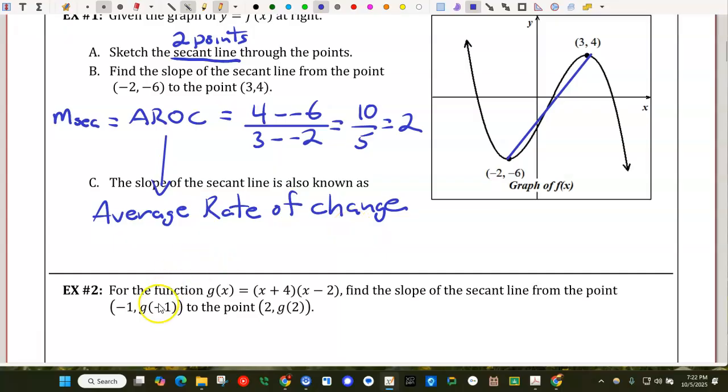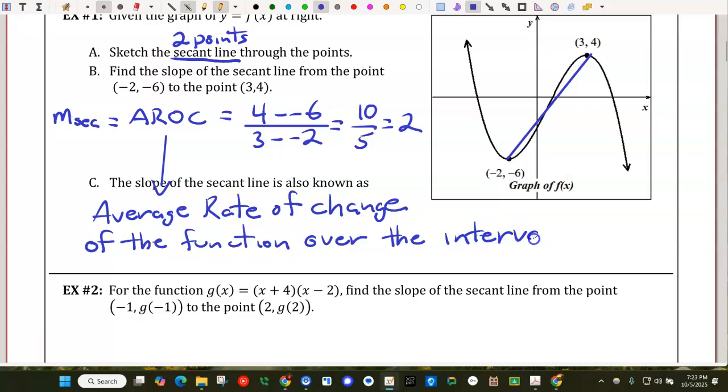Well, of the function, over the interval, and we just say the x's that we used, from -2 to 3.